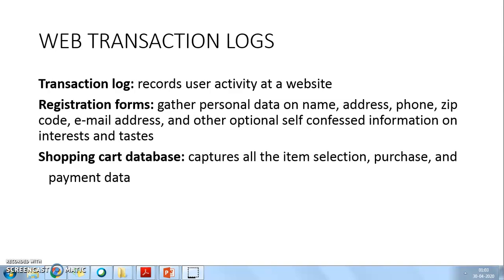When users make a purchase, they also enter additional information into the shopping cart database. This shopping cart database captures all the item selection, purchase and payment data. Other potential additional sources of data are information users submit on product forms, contribute to chat groups or send via email messages using the contact us option on most of the sites.